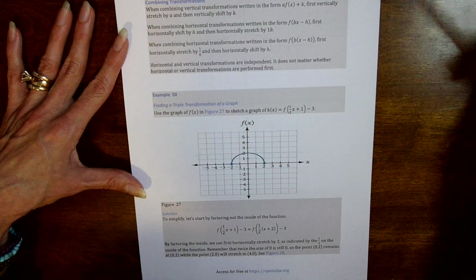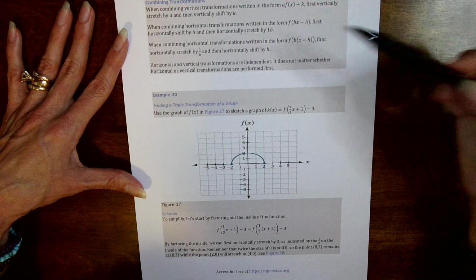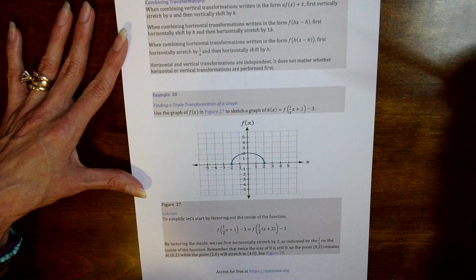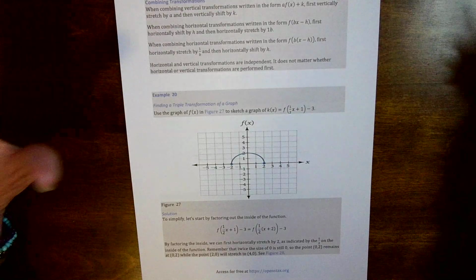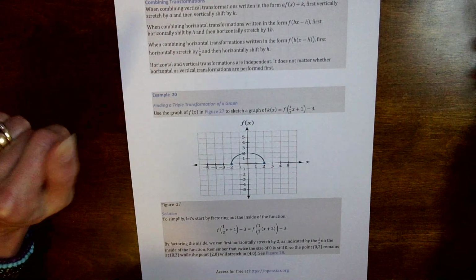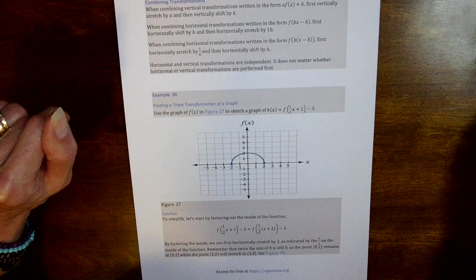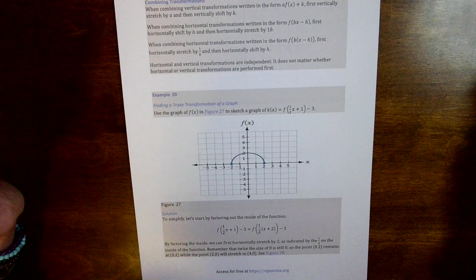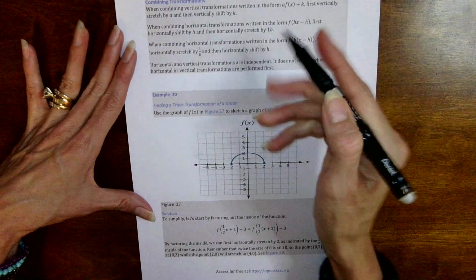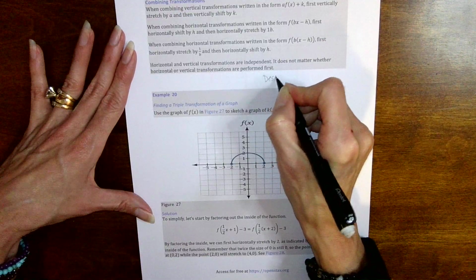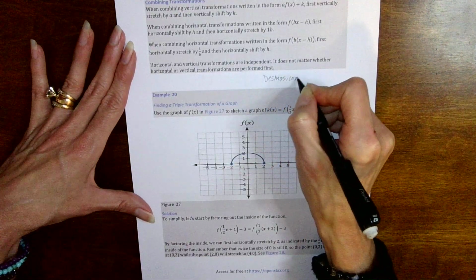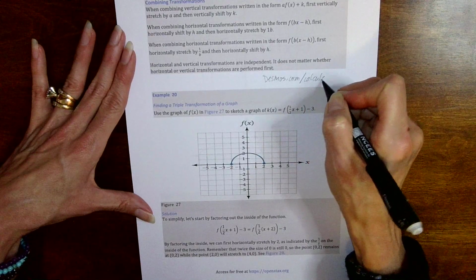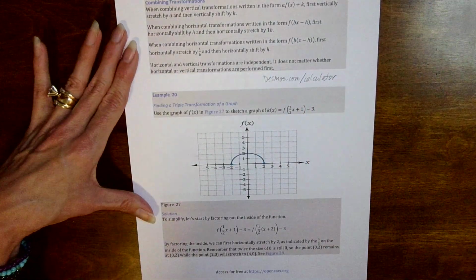When combining horizontal transformations written in the form like this, first horizontally stretch by the fraction and then horizontally shift by h. And horizontal and vertical transformations are independent. It doesn't matter which one you do first. Like I said before, you can put it in the form they give you, and it will be very helpful to you.